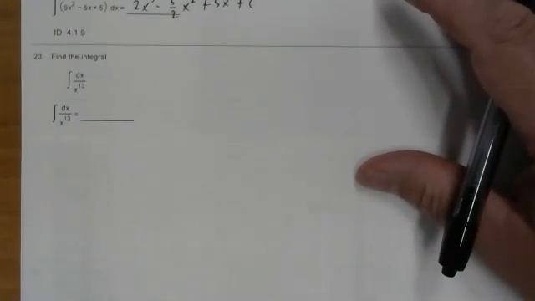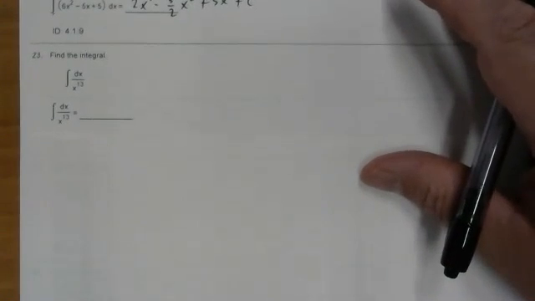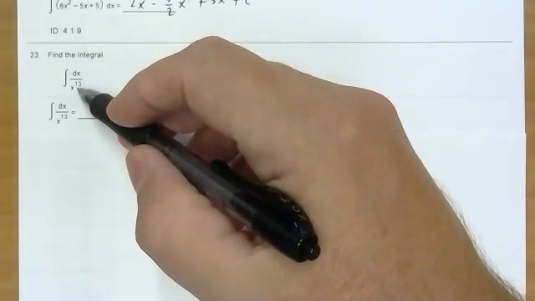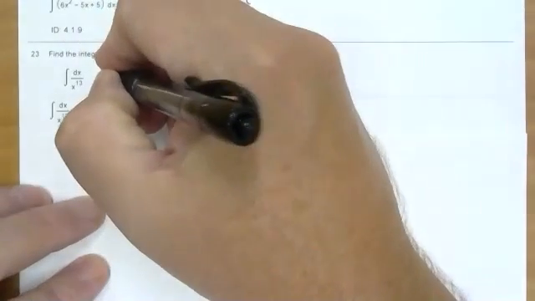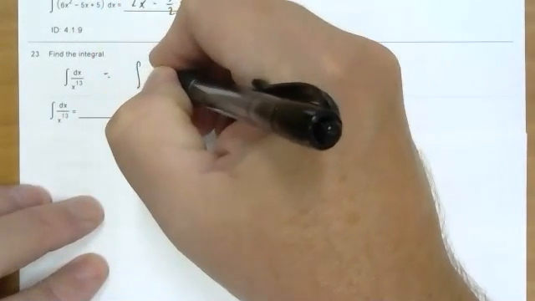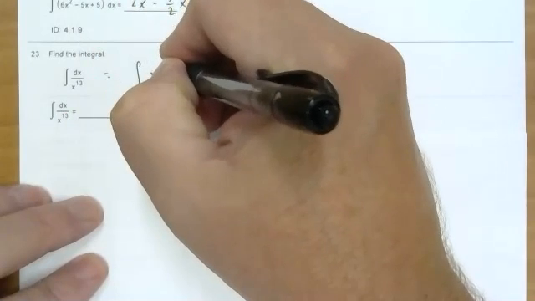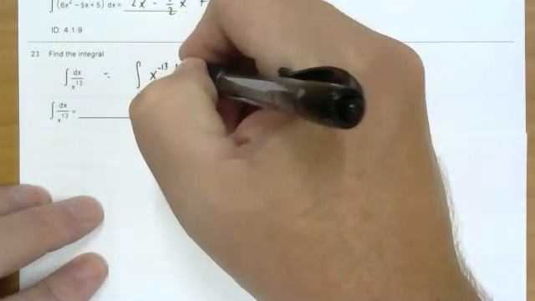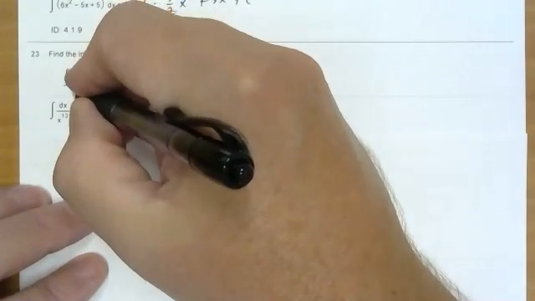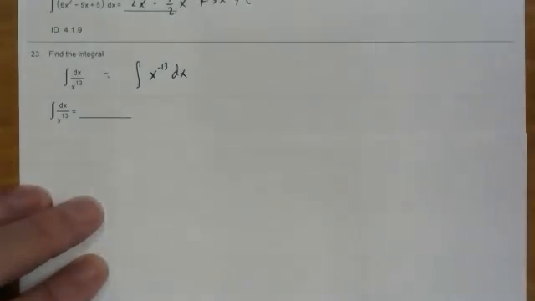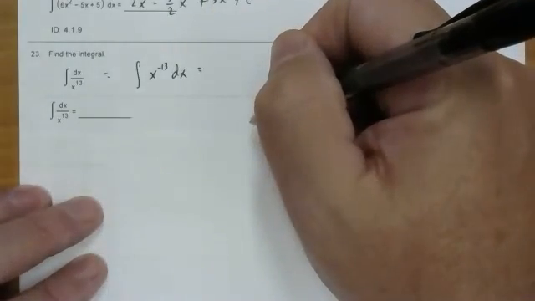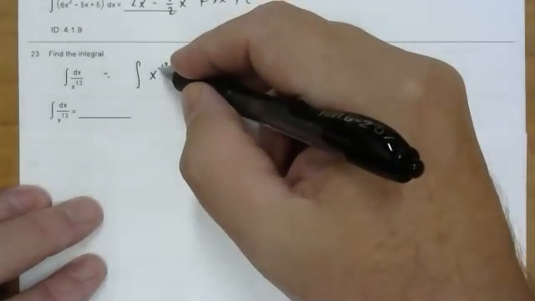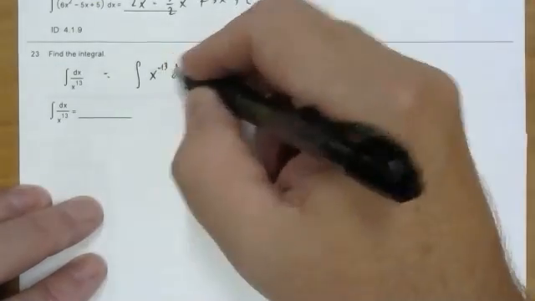Here's the next one. I would like to use the power rule again, but I cannot quite yet because my exponent's in the denominator. But we can always rewrite that and change 1 over x to the 13th to x to the minus 13th. So now I can use my integration rule for powers.